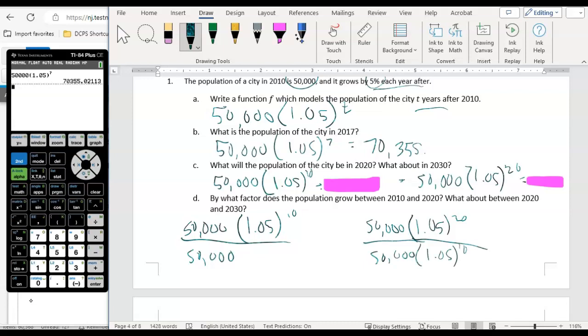In this case, it would be the amount, so that original amount, divided by what it was in 2020, right? So 2030 divided by what it was in 2020.